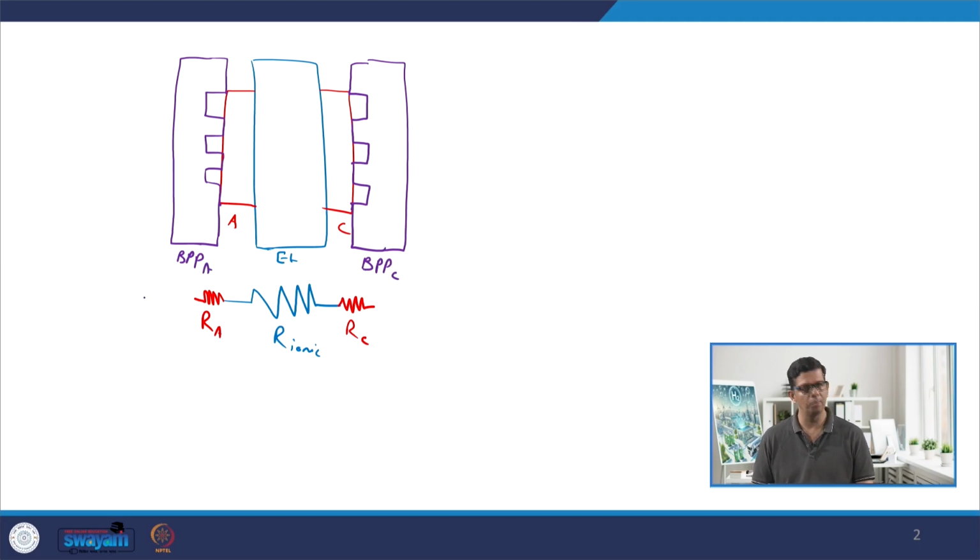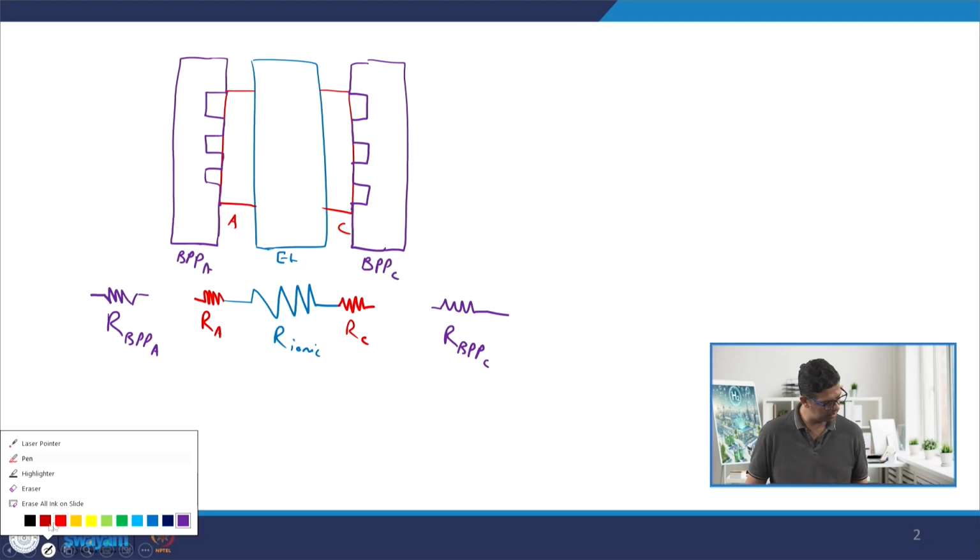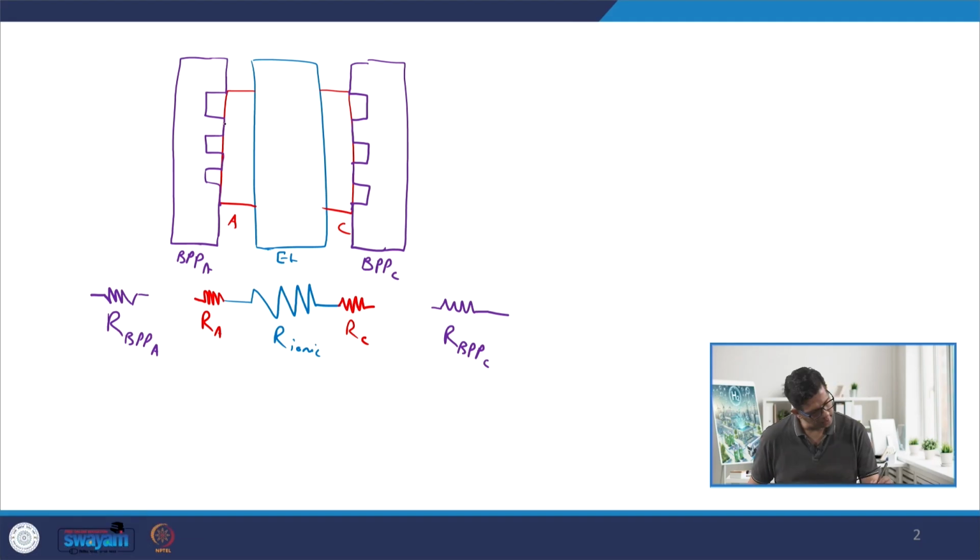We are going to introduce one more resistance in the circuit, so I am giving some space in between. This is the resistance of the bipolar plate of the anode, and this is the resistance of the bipolar plate cathode. Let's introduce one more resistance, which is at the interface of the electrode and the bipolar plate, wherever they touch each other.